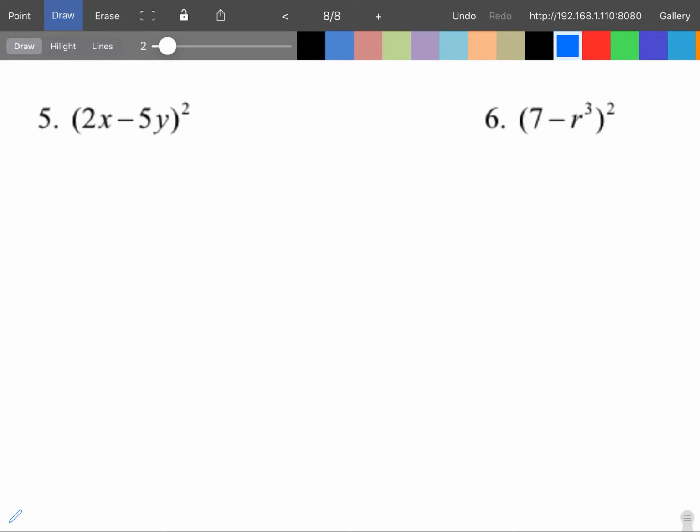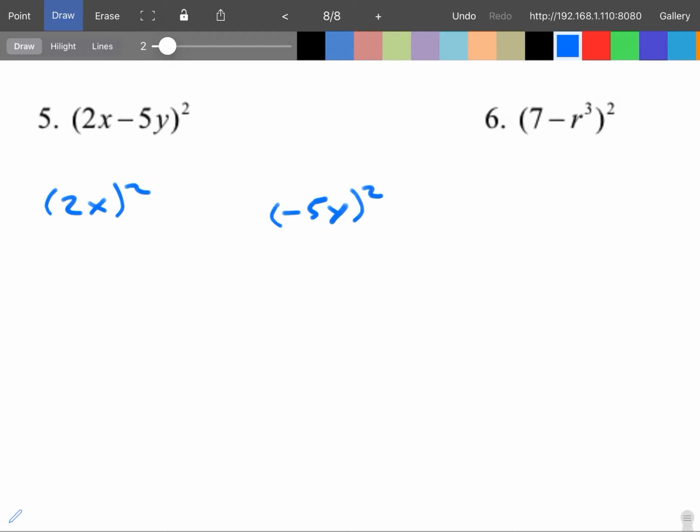So I'm going to write the shortcut out this way for you guys. What you do, the shortcut is you square the first term. So that would be 2x squared. And then your third term is going to be the second term inside that binomial, the negative 5y, squared.